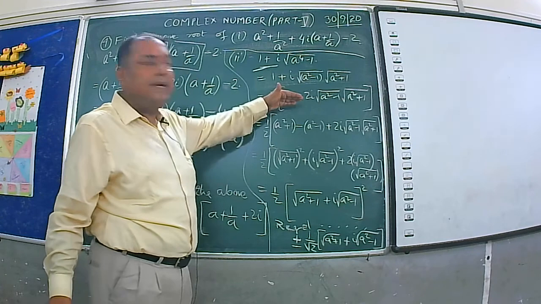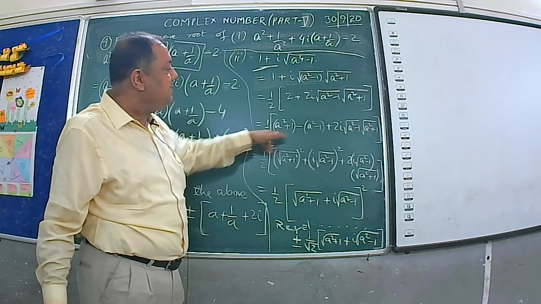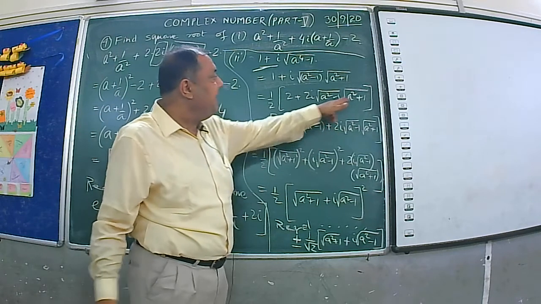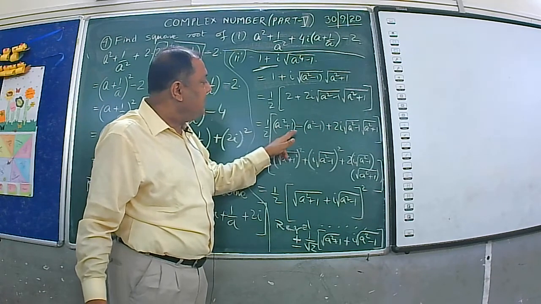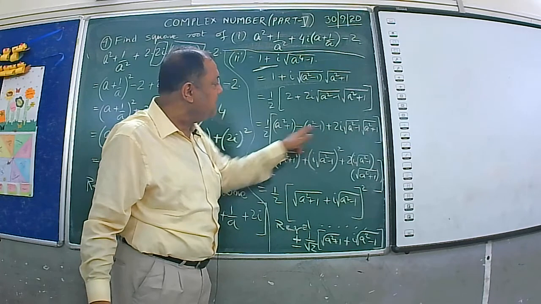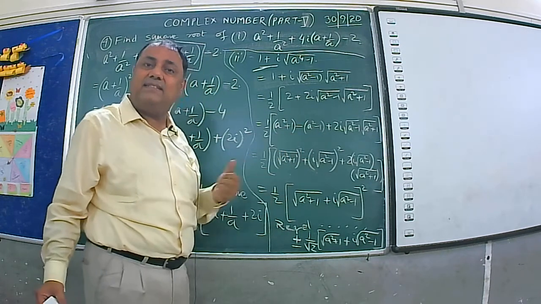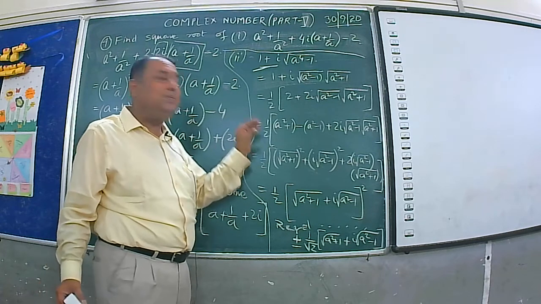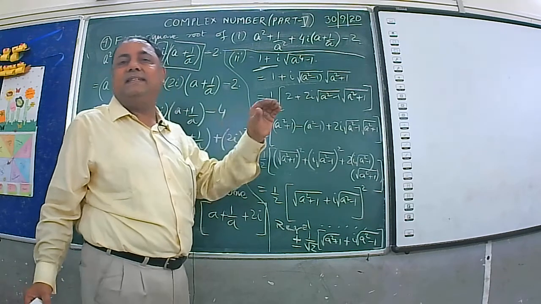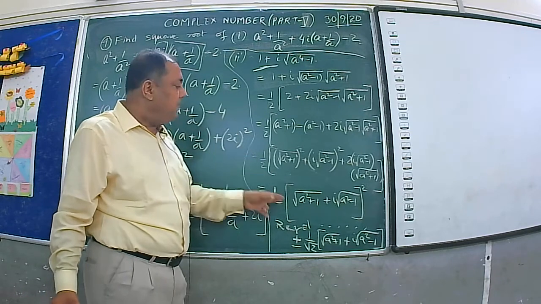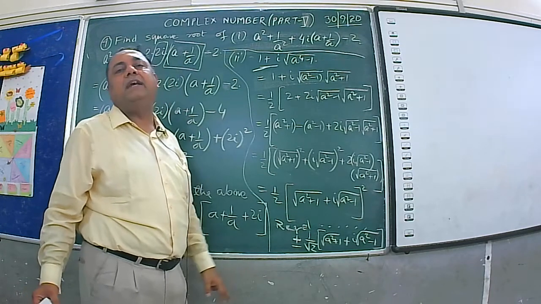This is my step. Then my next step is a square and this, because I am breaking up, and a square plus 1 minus a square minus minus becomes 2. So 1 plus 1 is 2 and a square gets cancelled. You are just rearranging the given expression to your form a plus ib.